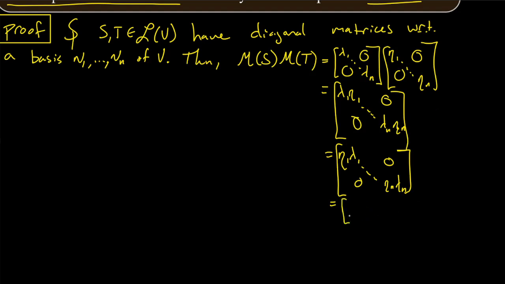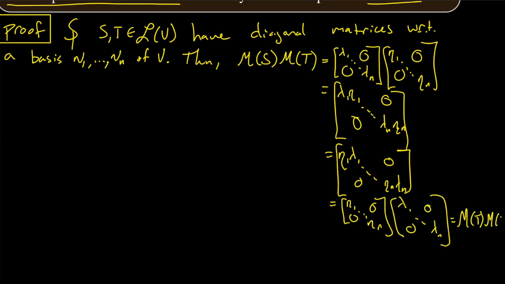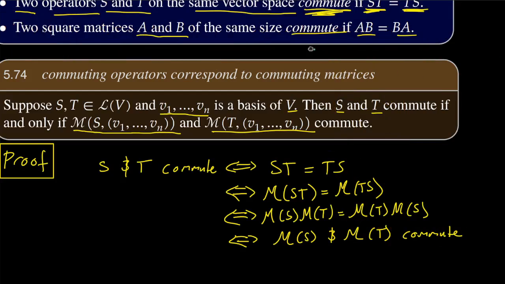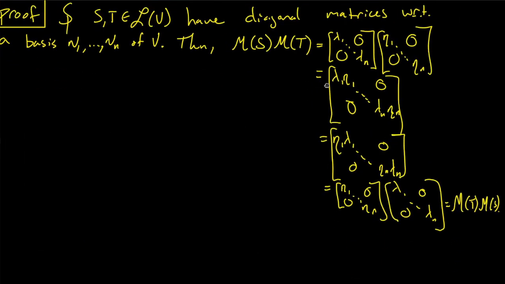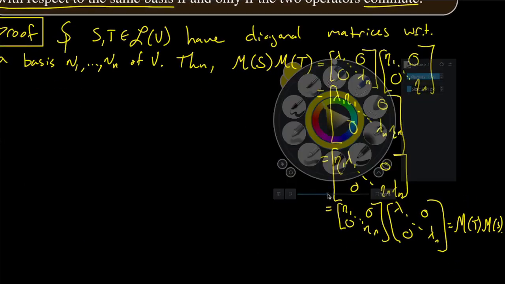This is eta 1 through eta n, zeros everywhere else, and then lambda 1 through lambda n, zeros everywhere else, and this is equal to the matrix of T times the matrix of S, and wouldn't you know it, we're done. Okay, cool. Using the previous result, that says that the matrix of S and the matrix of T commute if and only if S and T commute, we are done. Okay, kind of nice.